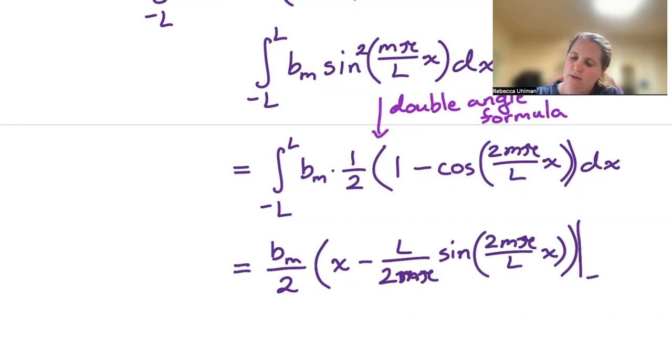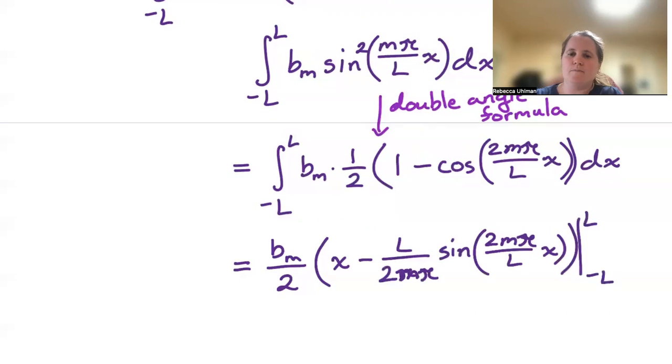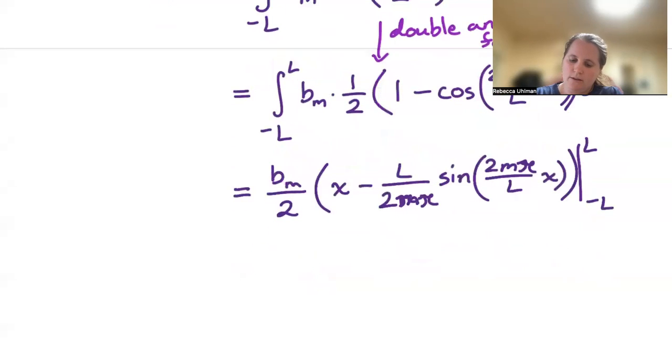And then we evaluate between negative L and L. So this would be b sub m over 2 times L minus sine of 2m pi, which is just an integer multiple of pi, so we're subtracting off 0. And then we will subtract off negative L again minus 0.